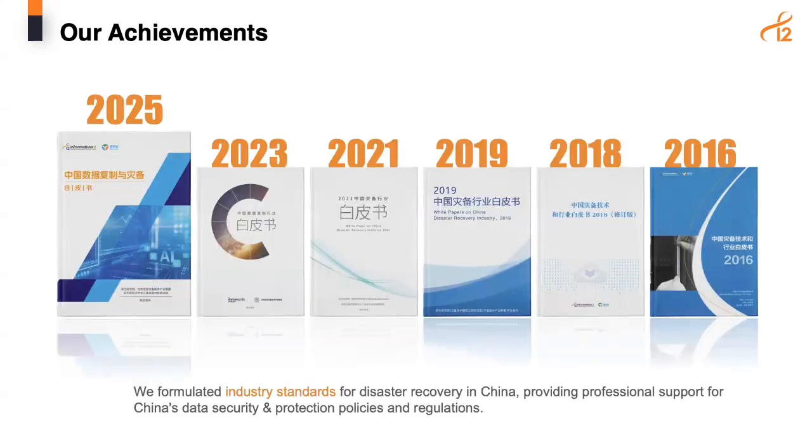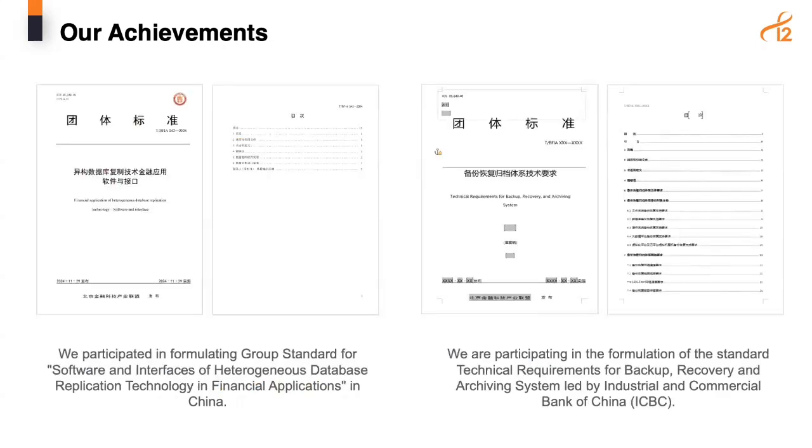We also formulated industry standards for disaster recovery in China. We provide professional support for Chinese data security and protection policies and regulations. Since 2016, we started to release our white papers regarding disaster recovery, and till today, 6 versions of the disaster recovery white paper have been launched in the Chinese market.